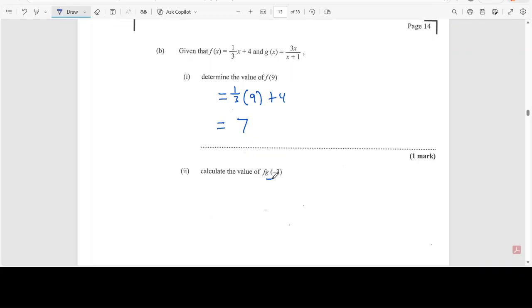So we find g at negative 3 first, which is 3 by negative 3 over negative 3 plus 1. So all we did is we put the negative 3 into the g function here, right? So that will be negative 9 over negative 2, which is 9 over 2.